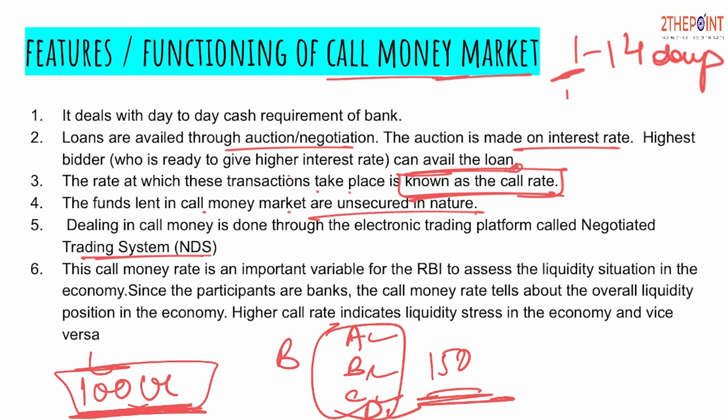How is it possible for the RBI to assess the liquidity situation through the call money market? Let's suppose more and more banks are approaching the call money market. By this the RBI gauges that there is a liquidity crunch in the market, which is why the banks are coming to fulfill their liquidity needs. In opposite to this, if very few banks or no banks are approaching the call money market, the RBI can assess that there is sufficient liquidity in the market.